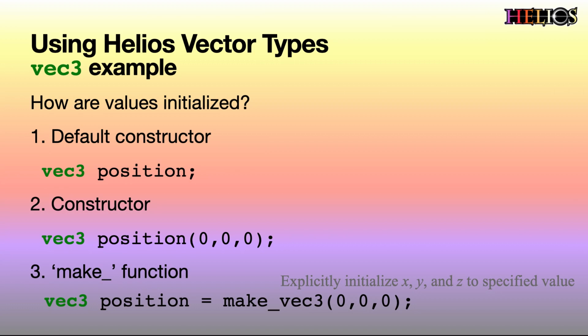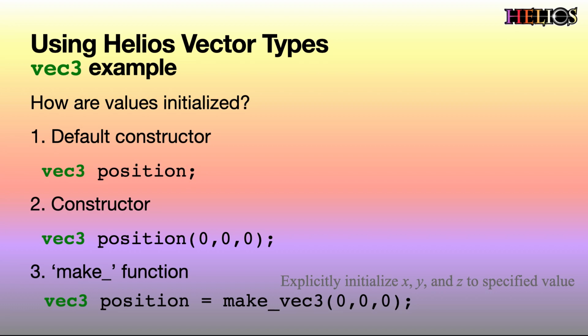And lastly, there's this function called make_vec3. In this case, we can use it to do an assignment. The make_vec3 is just going to create us a vec3, which we can then use to assign. So we could declare a vec3 called position and then use the equal sign and then use make_vec3 to assign it.